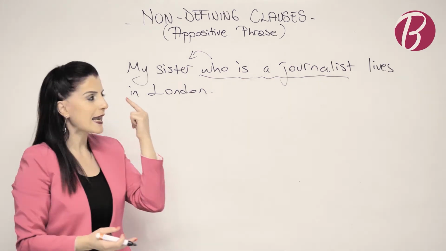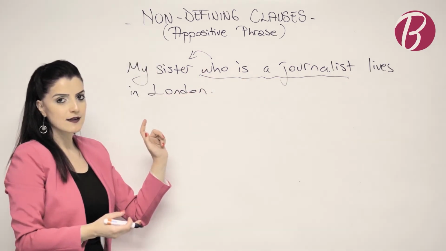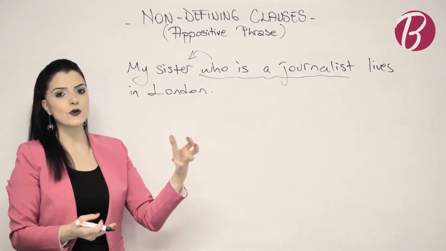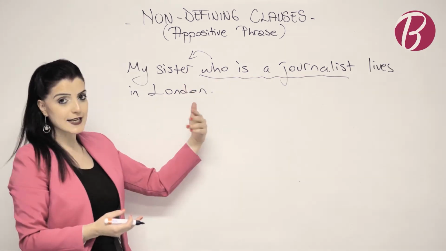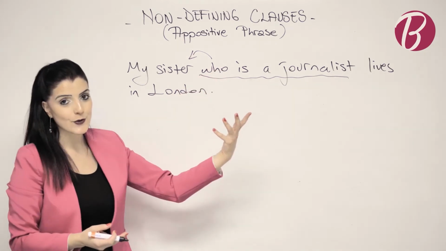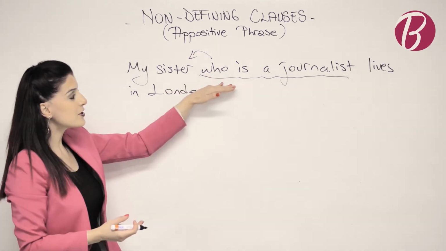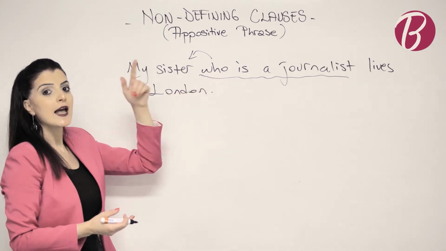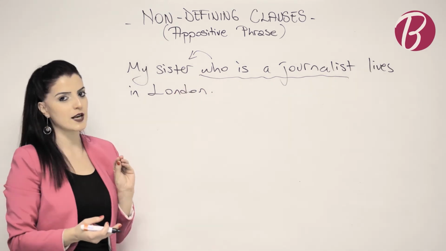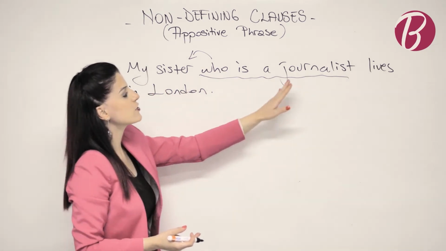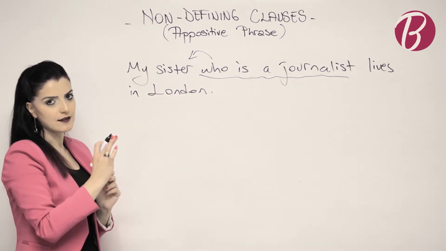So when you say who is a journalist, I understand your journalist sister. That's why this is an adjective clause. You give information about this sister, and then I understand which sister you are talking about. My sister who is a journalist lives in London.